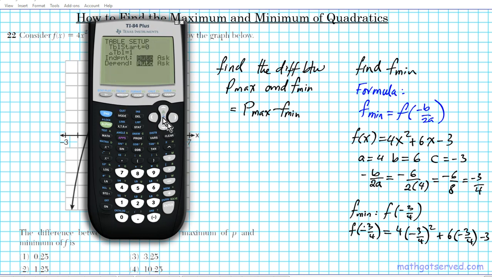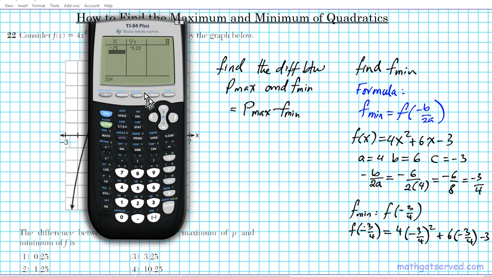You ask the calculator to ask you for the independent variable, and then you can specify what you want to find the output for. So we want to find the output for negative 3 divided by 4. Enter. Negative 5.25. So that's just another way to do it.